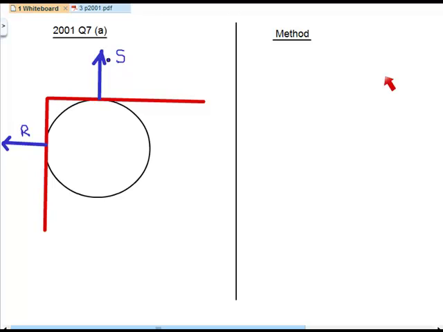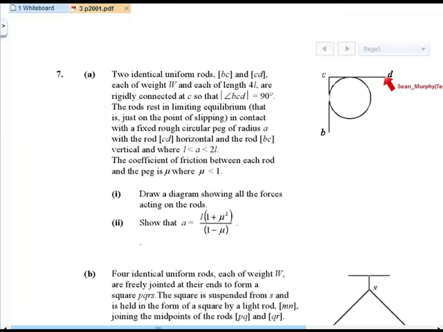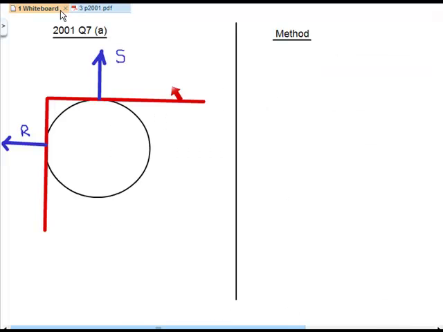Other forces involved in this question. Let's go back and read for a minute. The rods each have a weight W. So the weight is another key force that we have to include, and weight always acts through the center. The center is a bit further out, so let's say it's maybe here. There's a weight W of that top horizontal rod through its center.